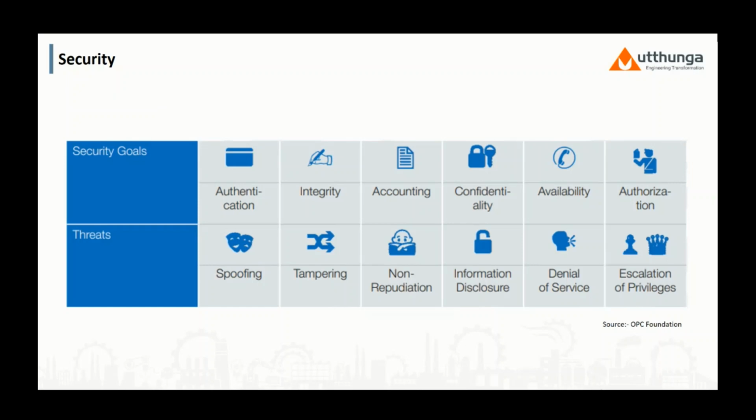These requirements and goals have become the requirements for creating the security specification for OPC UA, and so by design, the OPC UA specification includes solutions for achieving all these security goals. Next slide, please.